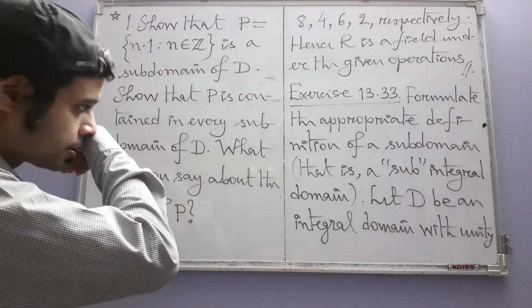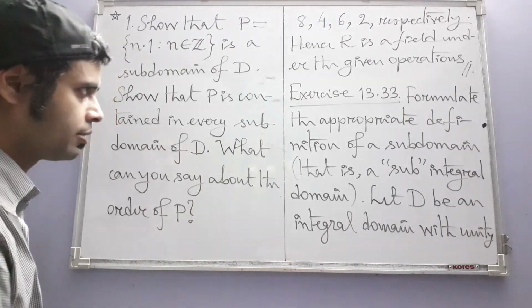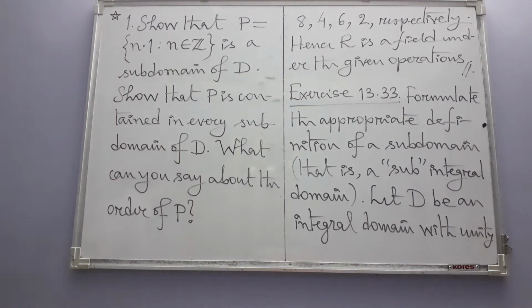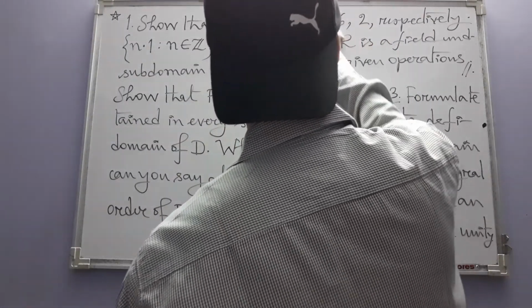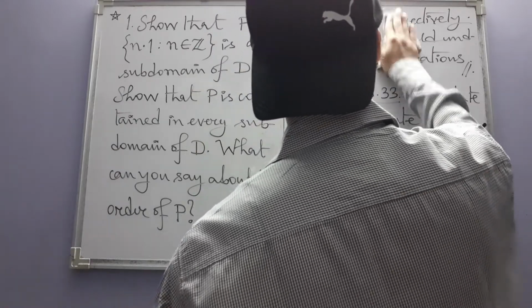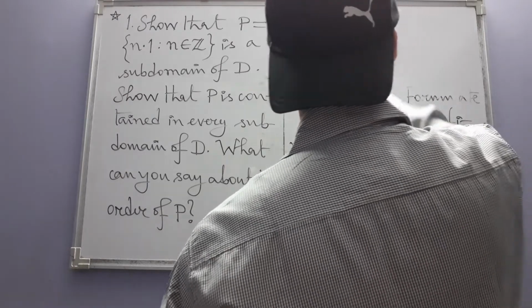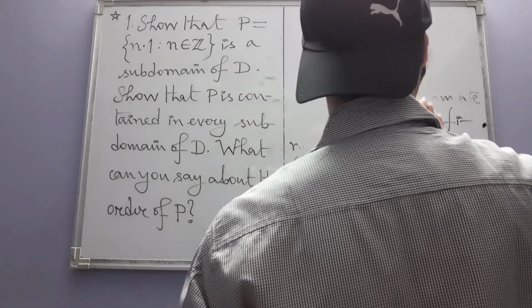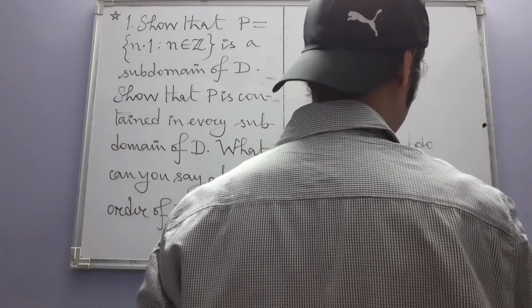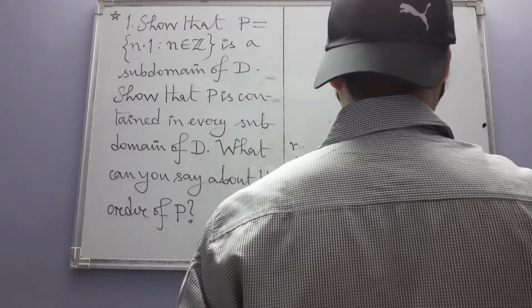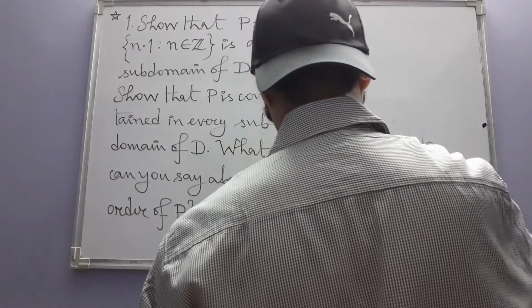And then we have to say something about how many elements there are in P, that is the order of P. Okay, so let us start. You can imagine that the definition of a subdomain will be extremely straightforward. It is itself a domain which is just a subset of D.